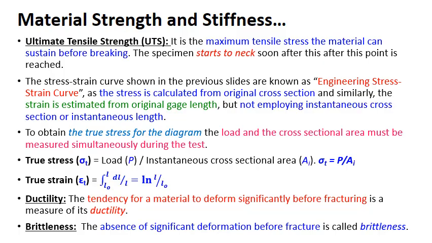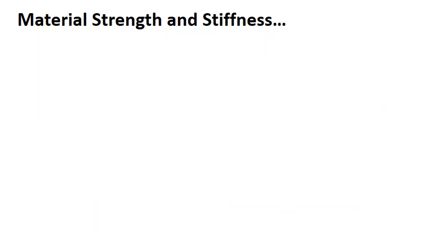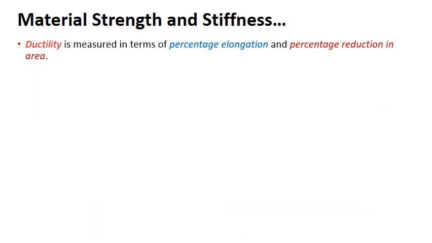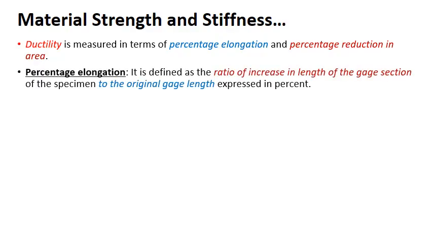How do we measure this ductility? This is a very important property of the material we use in design. You would have done this in your laboratory testing, right? Ductility measurements are percentage elongation and percentage reduction in area. After the specimen fails, you would have measured the final length and final diameter, right?